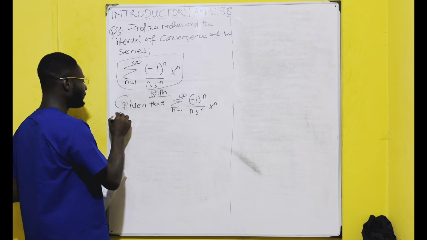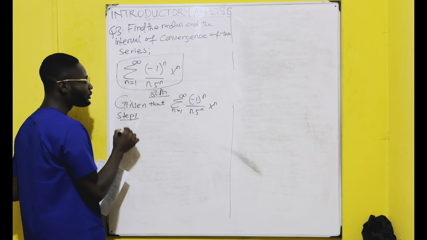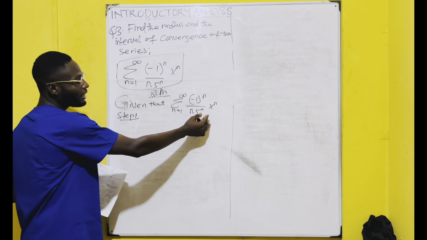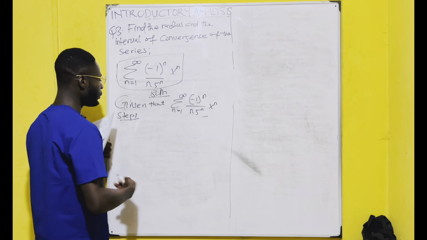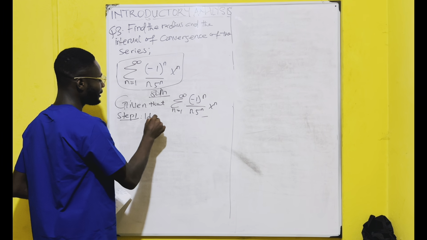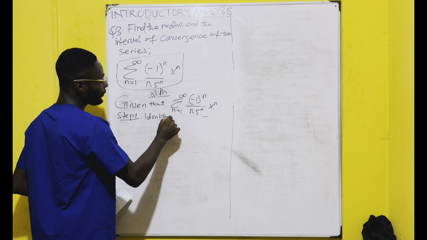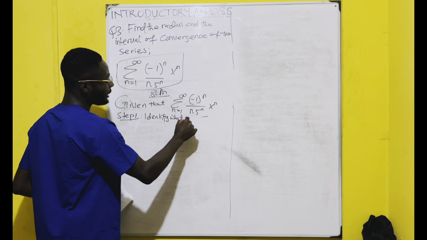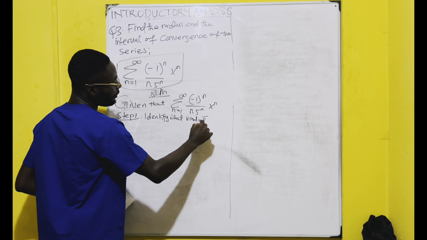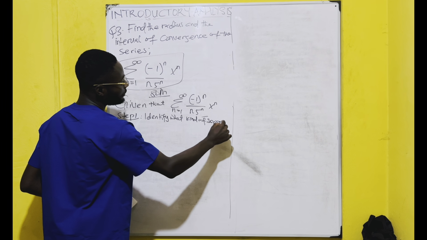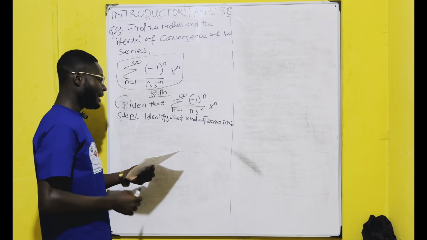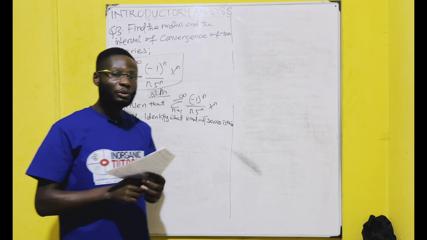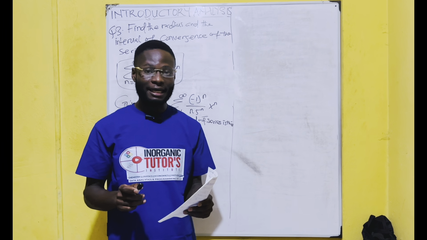So the first step is to identify what kind of series this is, right? Now, once you have been able to identify the series, right?